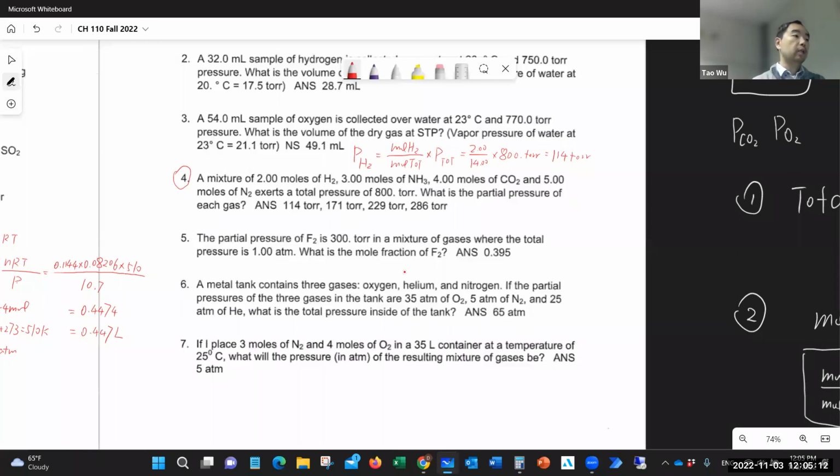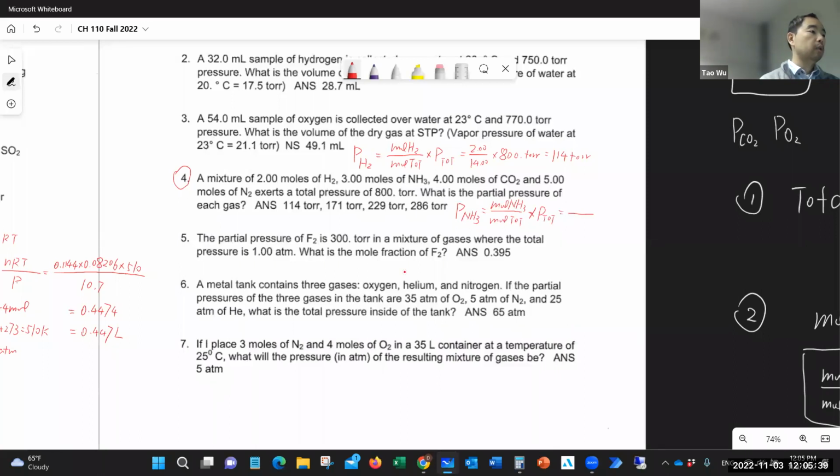You can do exactly the same thing for the ammonia, CO2, and the nitrogen. Let me just do one more. The partial pressure of the ammonia is equal to the moles of ammonia divided by the total moles of the gases, multiplied by the total pressure.